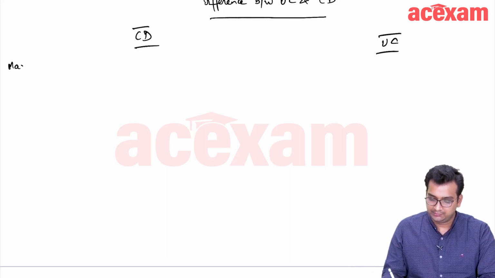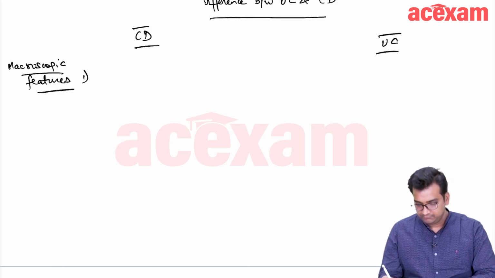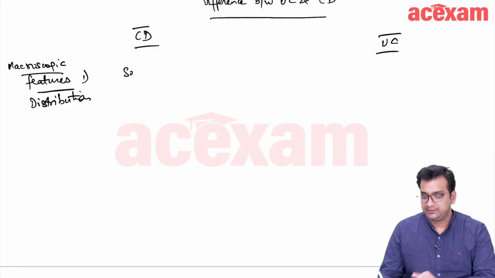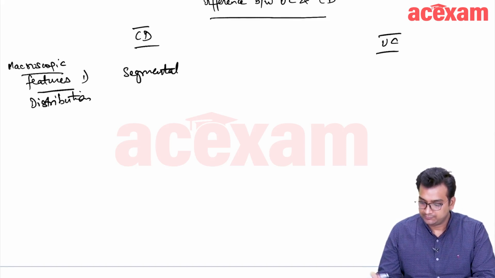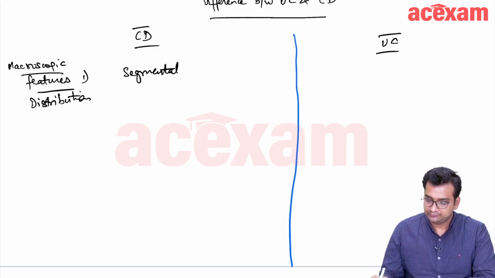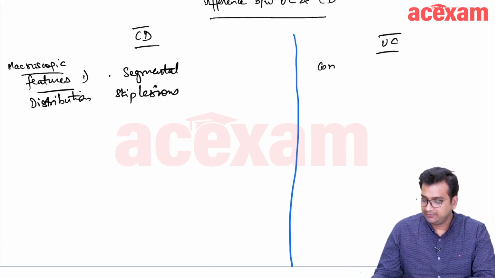Okay, so Crohn's disease is a segmental disease, and there is presence of skip lesions, whereas ulcerative colitis is a continuous disease and there is no skip lesion.